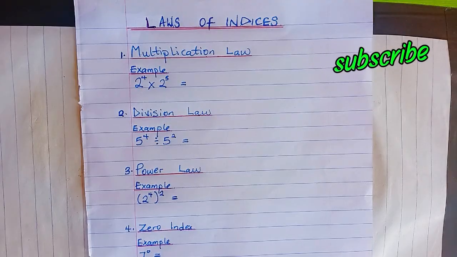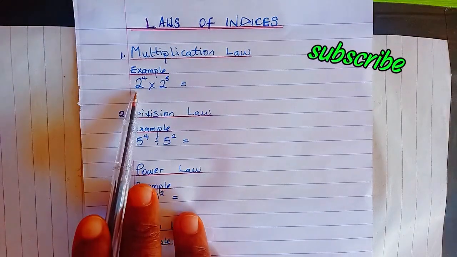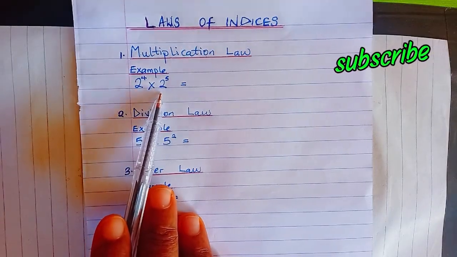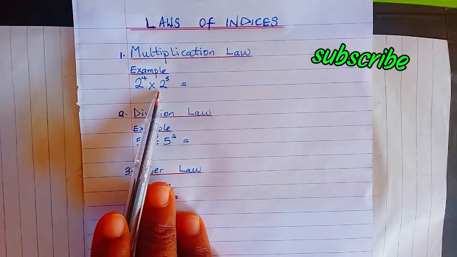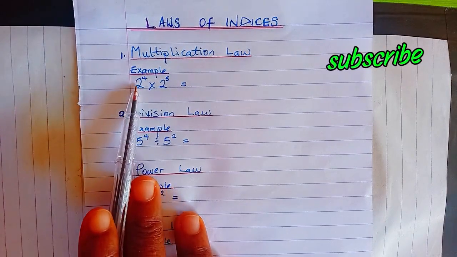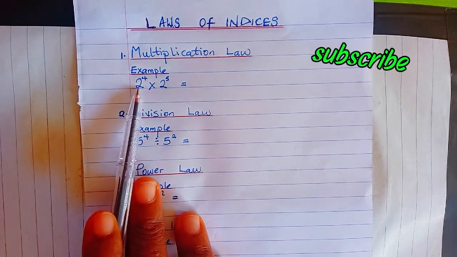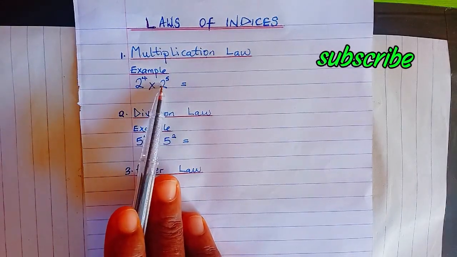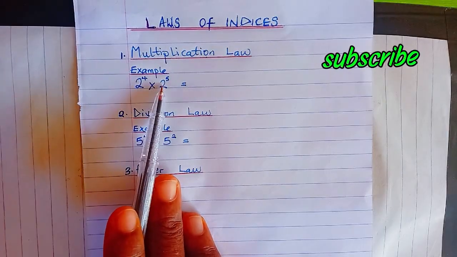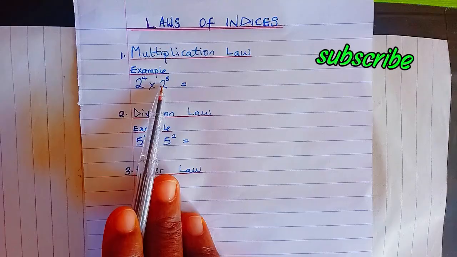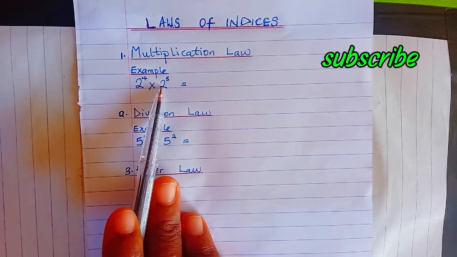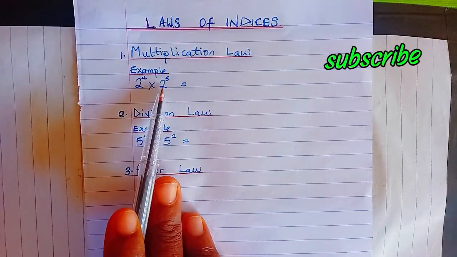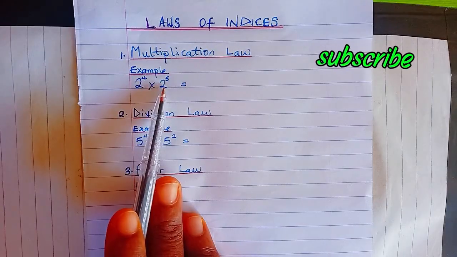Multiplication law: when you are multiplying two numbers with the same base or equal base. Now, this is the base, 2 is the base of this particular number, while 2 is the base of this particular number. So when you are multiplying two numbers with equal base, you are going to add their indices.